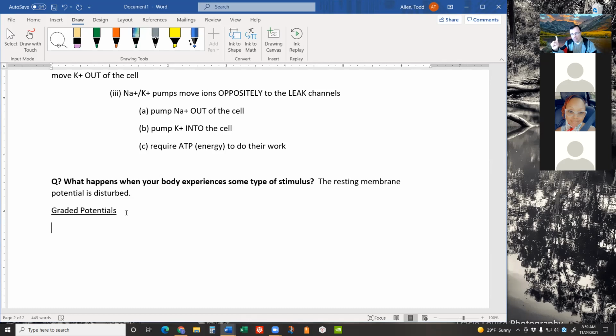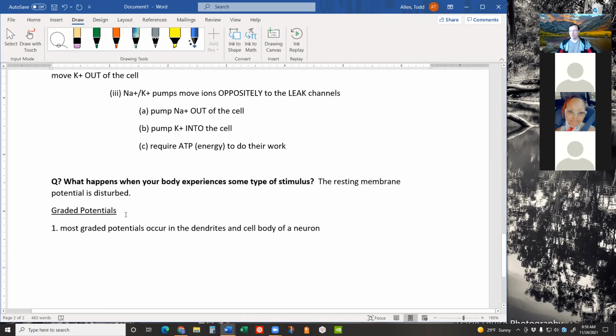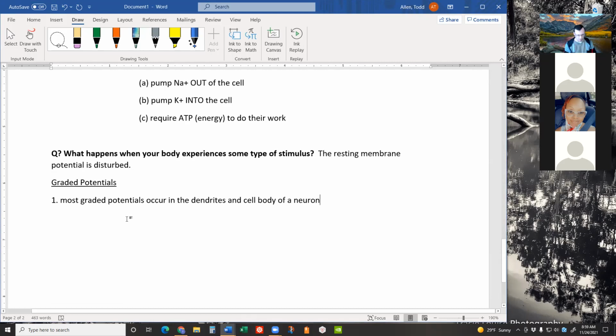Okay, so number one, most graded potentials occur in the dendrites and cell body of a neuron. And of course, there might be multiple neurons that are activating when you rub your fingers across some building.